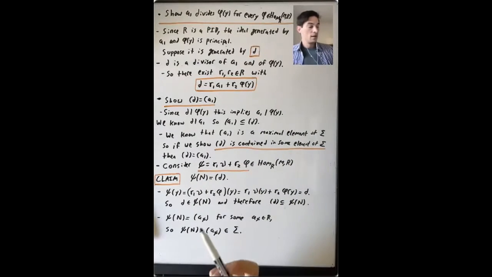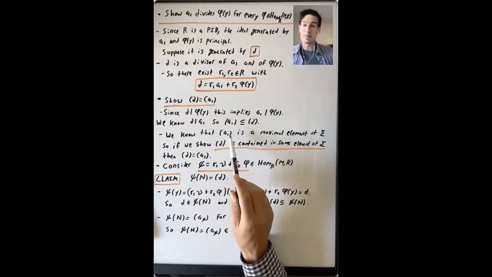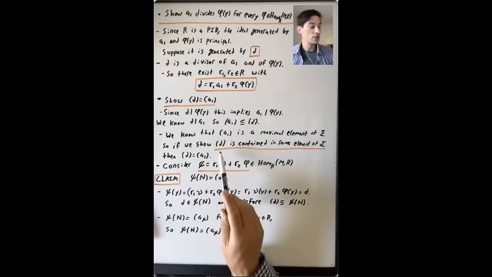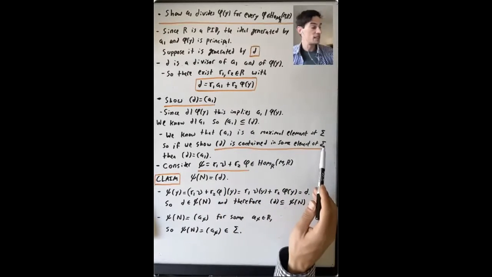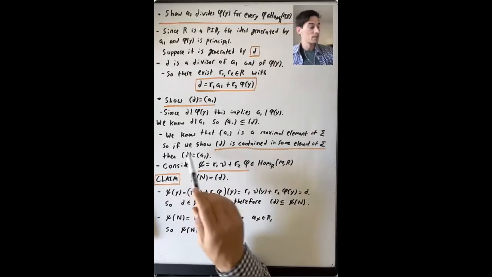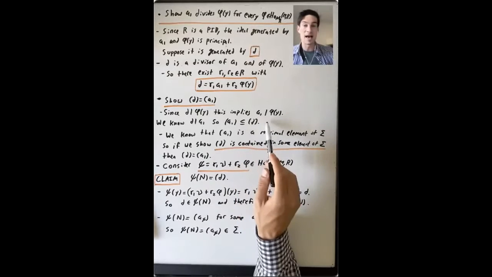So how do we get containment the other way? Well, this is also a clever idea here. We know that the ideal generated by A1 is a maximal element of Sigma. So if we can show that the ideal generated by d is contained in some element of Sigma, then we know that the ideal generated by d has to be equal to the ideal generated by A1 because of this maximality.